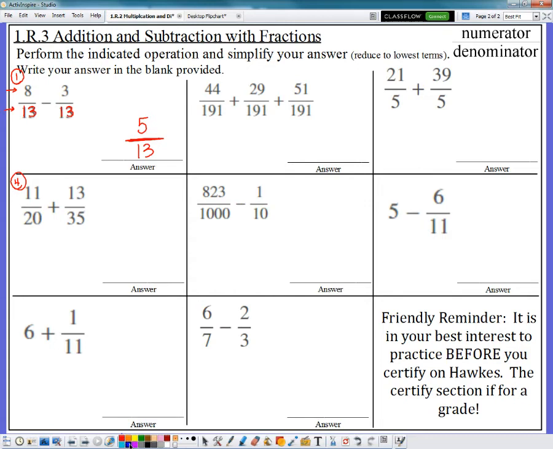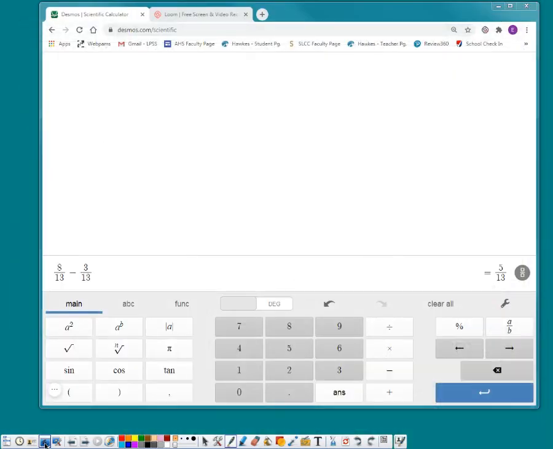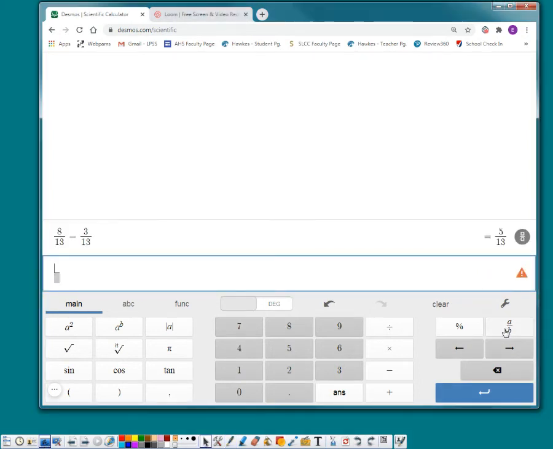All right, moving on now to number 2. Number 2 may look a little complicated because there's 3 fractions, but don't let that worry you. Just type it in just like you see it into Desmos. So we're going to type in fraction 44 over 191 plus 29 over 191 plus fraction 51 over 191.